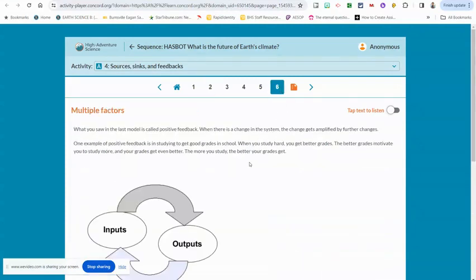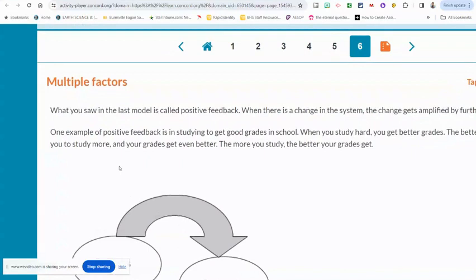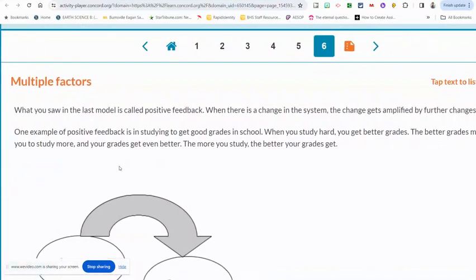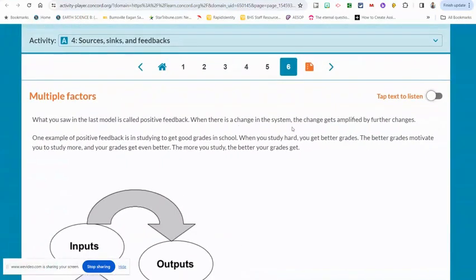The last page talks about feedbacks. Now, we've mentioned this in class before. This is entitled multiple factors. What you saw in the last model is called a positive feedback. When there's a change in a system, the change gets amplified by further changes. One example of a positive feedback is studying to get good grades in school.